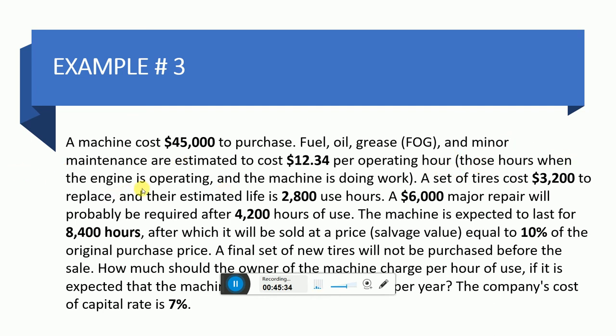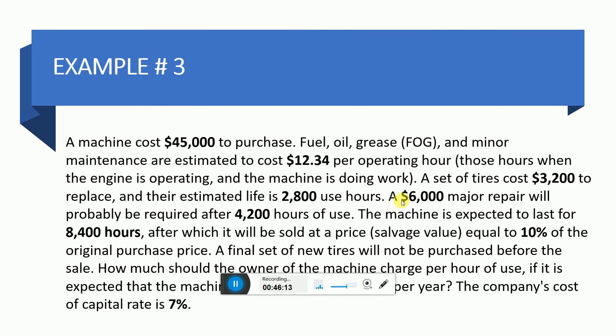Those costs apply when the machine engine is operating and doing work, not when the equipment is idle. A set of tires costs $3,200 to replace, and their estimated life is 2,800 use hours. It means that after every 2,800 hours, we have to replace the set of tires, which costs $3,200.